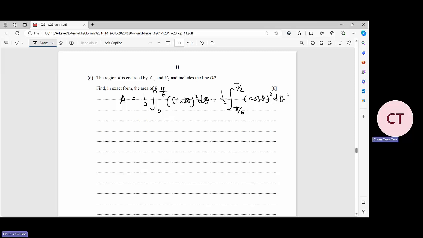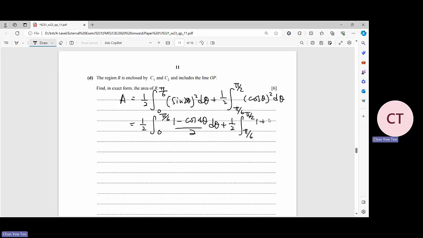Now what you need to do is just expand and simplify. Think about how to integrate them. For sine squared, you need to go back to the basics of integration. How do you integrate sine squared? Just apply the double angle formula. You get 1 minus cos 4 theta divided by 2 d theta. Then how do you integrate cos squared? Also the double angle formula.